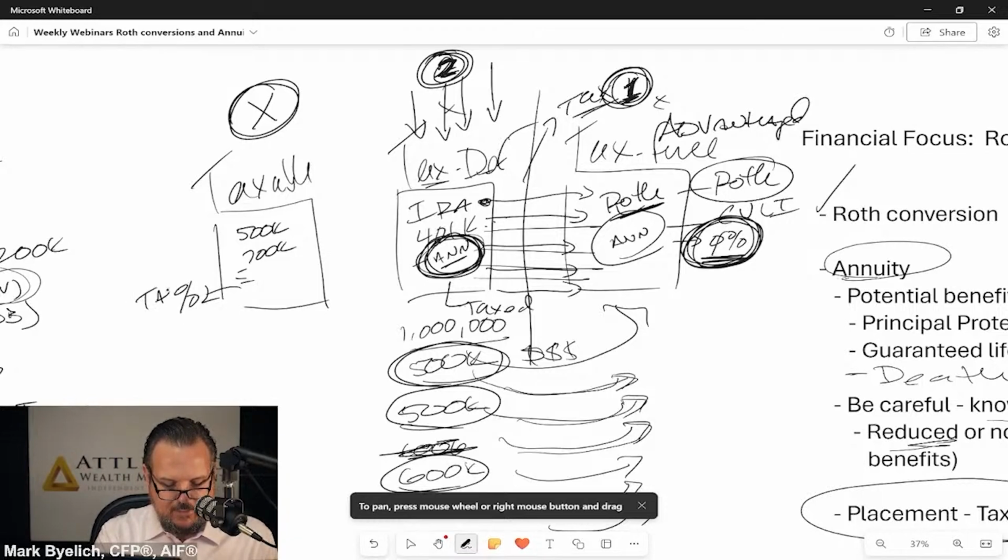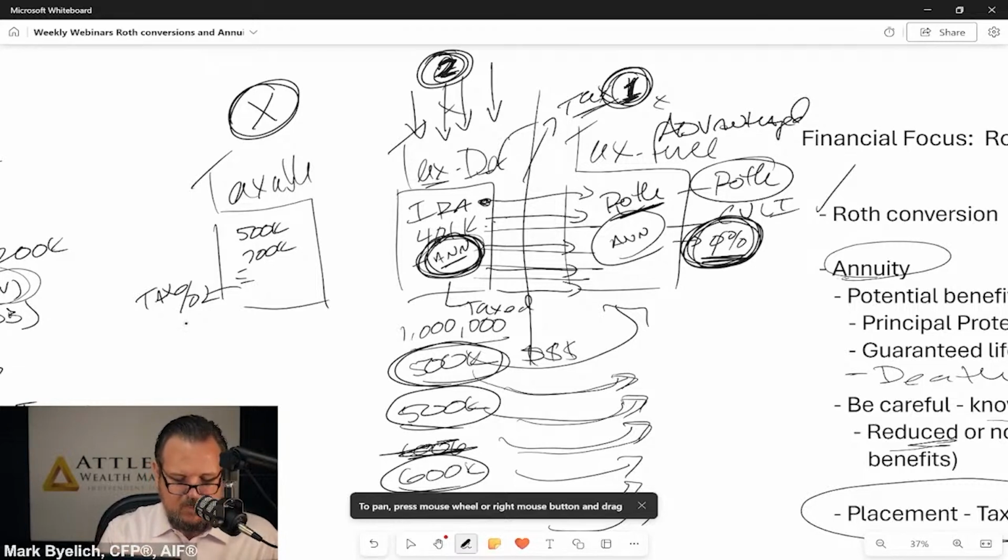There's going to be a tax rate assigned to that. And that's going to be forever. Annuities are very, very tax inefficient outside of IRAs and tax advantaged accounts like Roth IRAs. Any growth has to first be paid as ordinary income tax. You don't get capital gains treatment. You don't get anything like that. And that tax rate is going to be applied on all distributions until you go back to your original amount that you put into it.